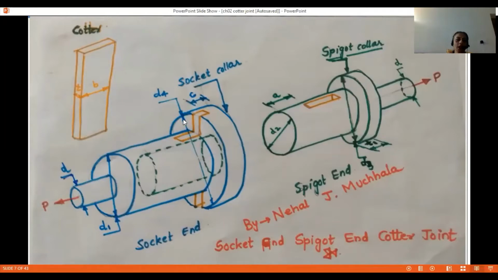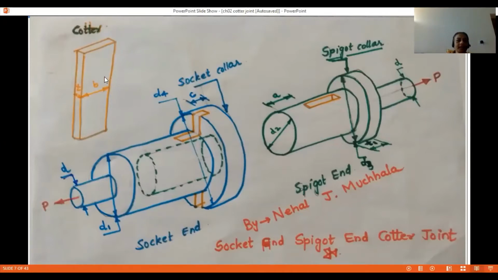This part is a socket which has a circular hole wherein the spigot will be inserted. It also has a rectangular slot. When the spigot is inserted here, this slot will match with this rectangular slot, and inside that the quarter will be driven in, and the assembly will be completed so that this rod gets connected to this rod.